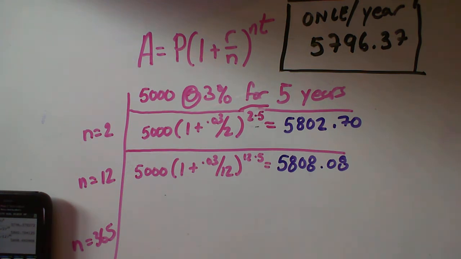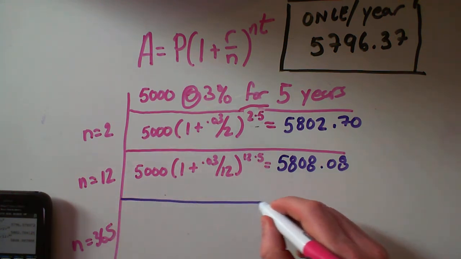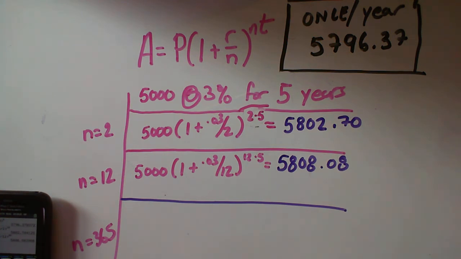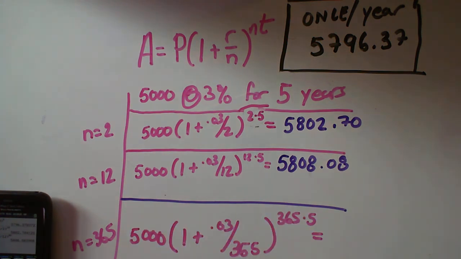Let's finally look at what happens when we go 365 times. So plugging 365 in for n, we have 5,000 times 1 plus 0.03 over 365, to the 365 times 5 power. So now we're getting a very little percentage, but we're getting that tiny percentage a whole lot of times.